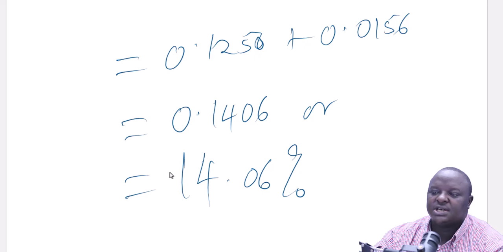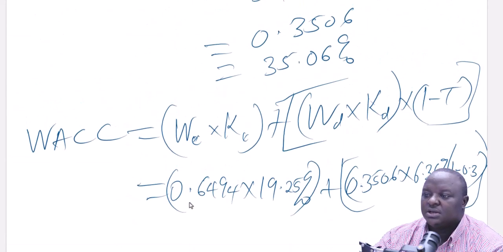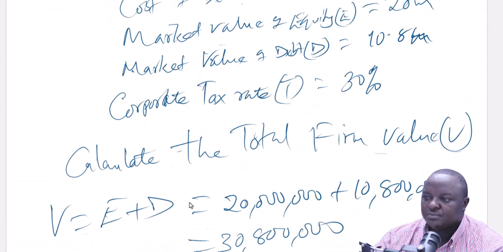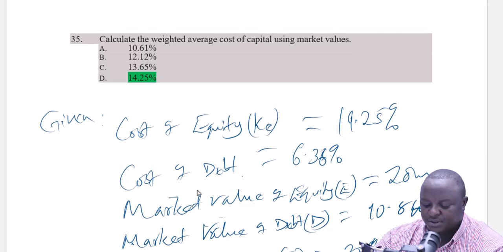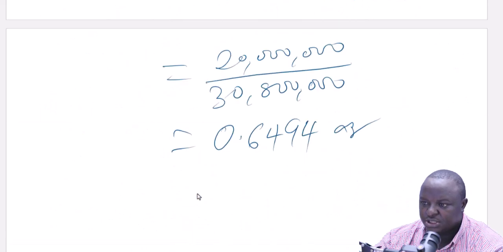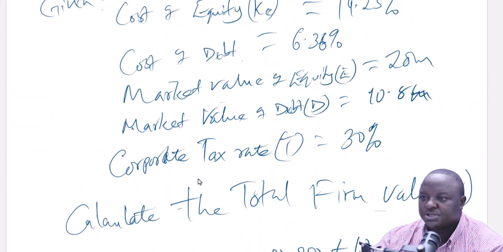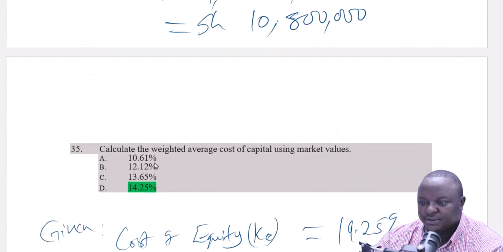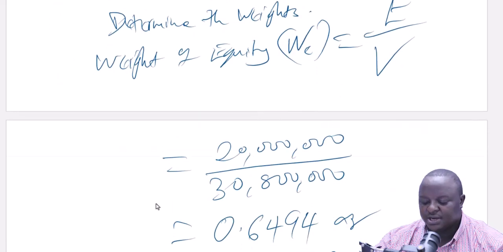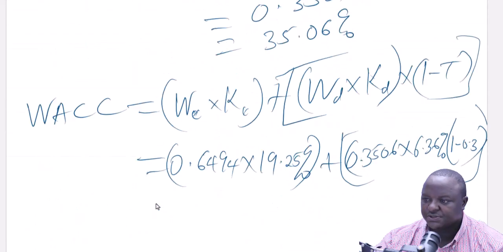That is our weighted average cost of capital, 14.06%. From the options that we have been given, it's not there. So we have taken D because it's the closest, but the right answer is 14.06%.